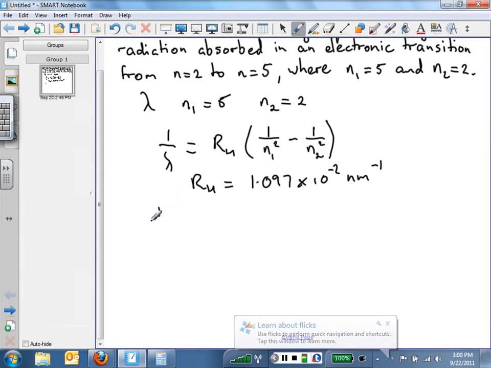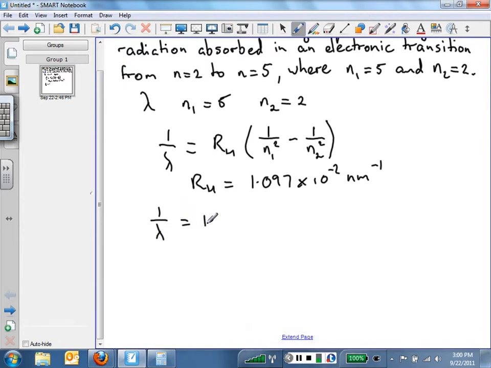So we have 1 over lambda is equal to 1.097 times 10 to the minus 2 per nanometer, and we'll keep the units in this question to make it easier. 1 over 5 squared, which is 1 over 25, minus 1 over 2 squared, which is 1 over 4.